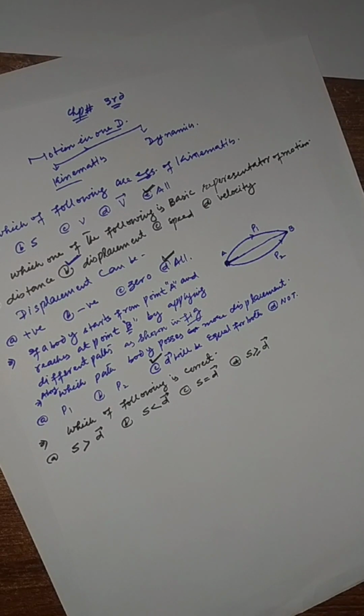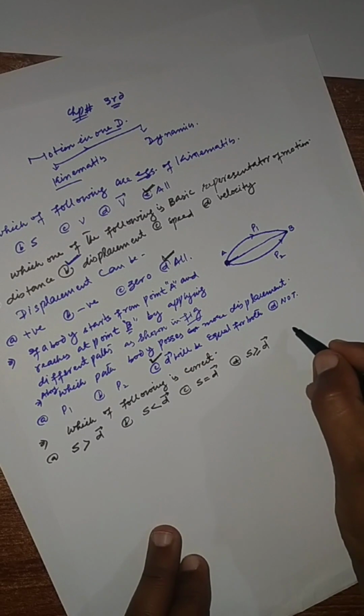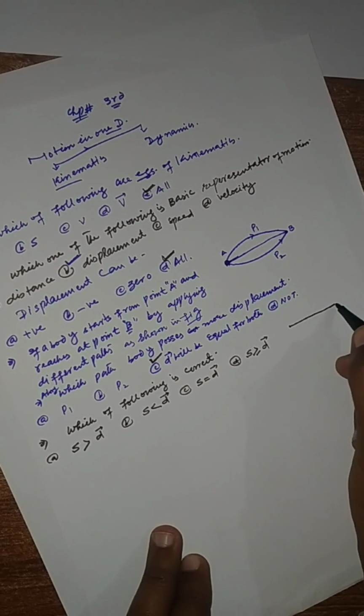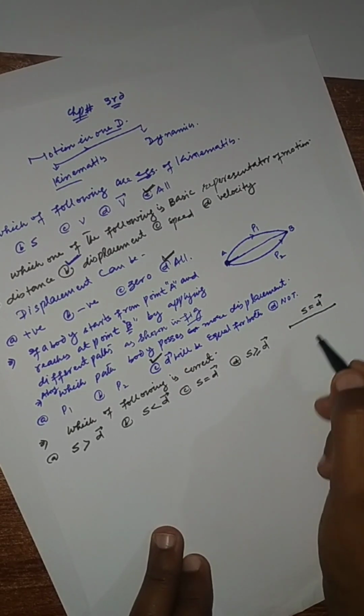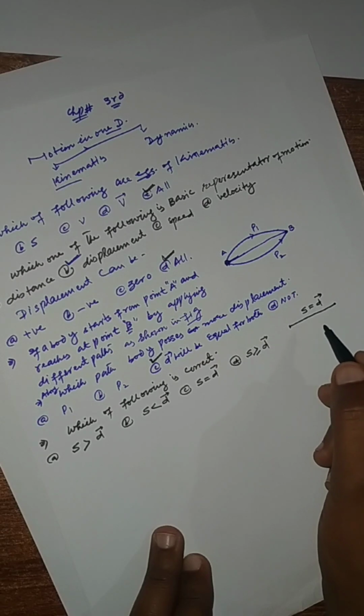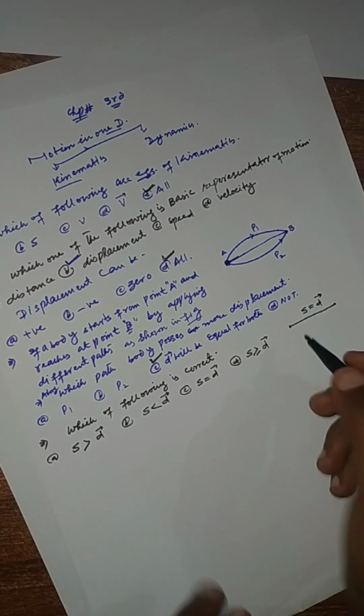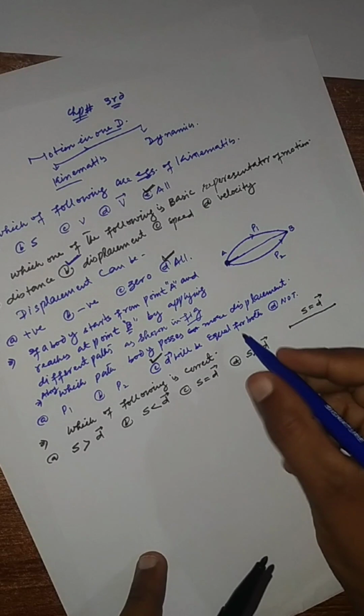So in all other cases distance is greater than displacement, but in one condition distance will be equal to displacement. In which condition? If a body moves along a straight line, then distance will be equal to displacement, but in all other conditions distance will be greater than displacement.